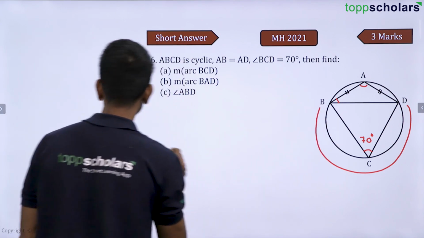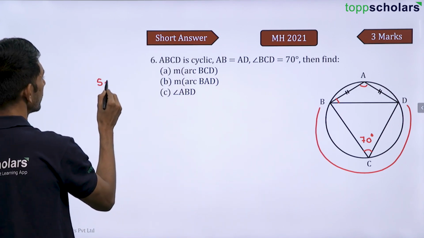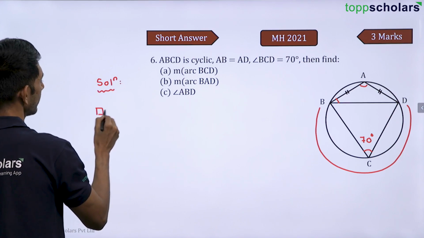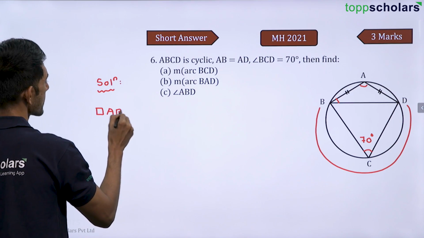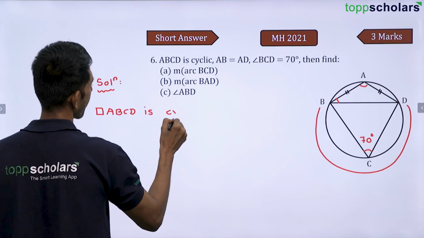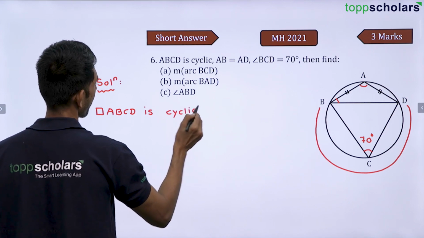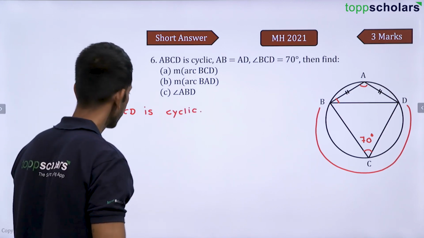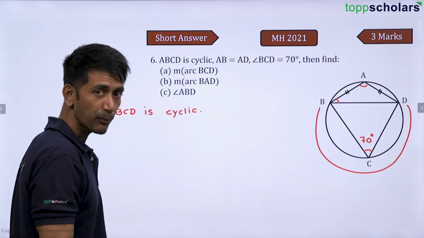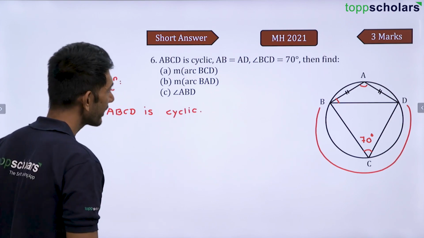So this is a cyclic quadrilateral, right? So firstly I can say that quadrilateral ABCD is cyclic, correct? Since ABCD is cyclic, can I say opposite angles of a cyclic quadrilateral are supplementary?